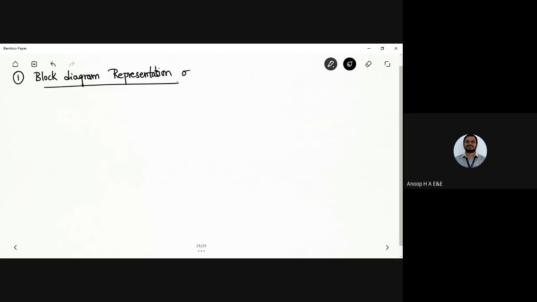So block diagram representation of LTI systems. That is what you can find out.